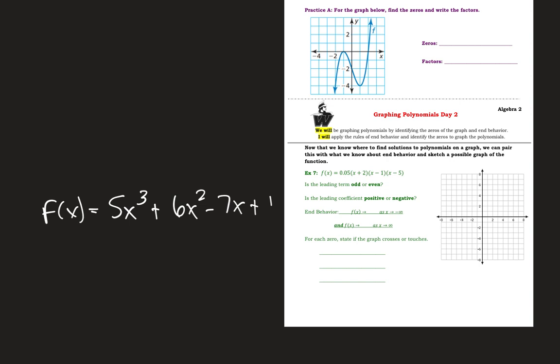We put it in order, and the leading term would be 5x cubed. The leading coefficient would have been 5. So this whole thing would have been the term, and this 5 would have been the coefficient.